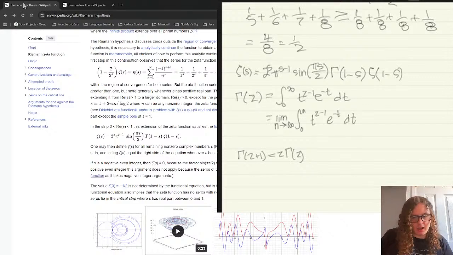So then zeta of 1 would have to be defined. But there's a simple pole at s equals 1, so it's not defined. So zeta 0 is also not defined. But it should work for all other s.